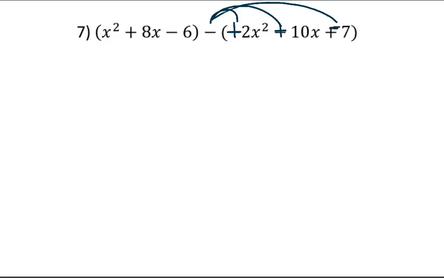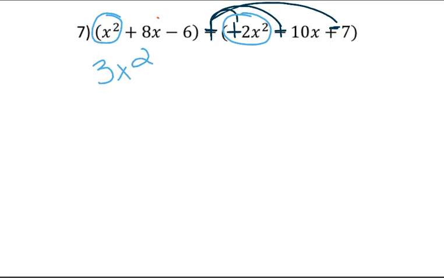So once I distribute that, I can turn it into a plus sign and treat it just like an addition problem that we did in the previous example. So I just combine my like terms. My biggest exponent are the squareds, so I'm going to combine a 1x squared and a 2x squared, which combines to be 3x squared.